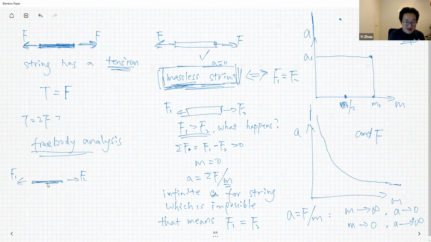We don't know. So for a massless string, the left side and right side are the same, so the tension is also the same. F1 equals F2.